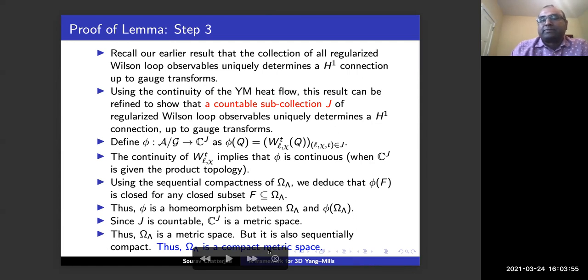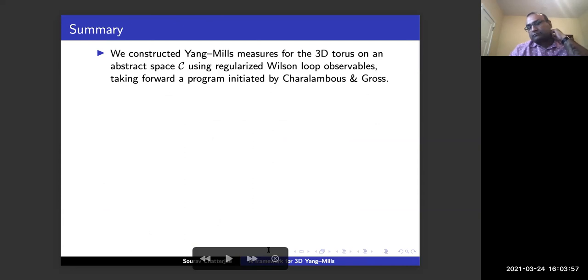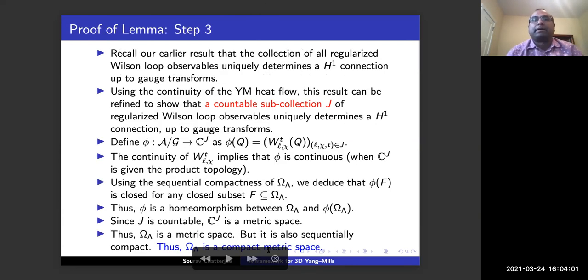So this proves that it's a compact metric space. To summarize, omega lambda is the set of all gauge orbits with Yang-Mills action bounded by lambda under the sequential weak topology, which is actually equivalent to the weak topology if you restrict yourself to that subset. So under the weak H1 topology, these are compact metric spaces, which allows us to prove the tightness criterion.